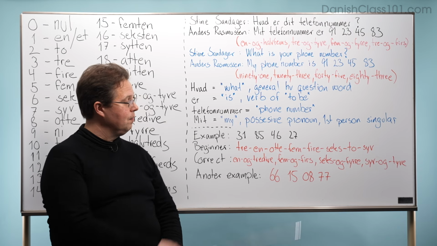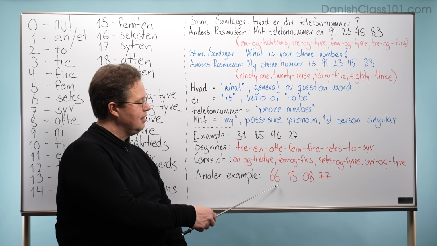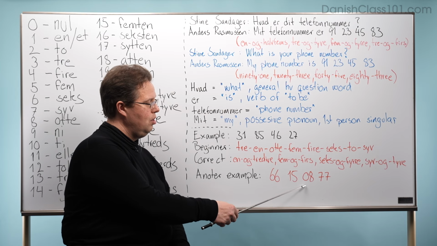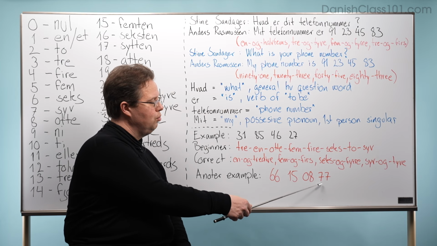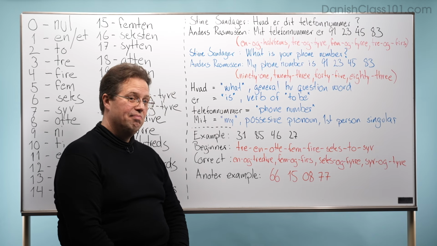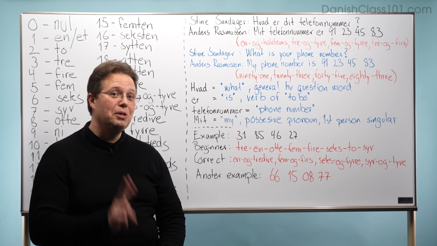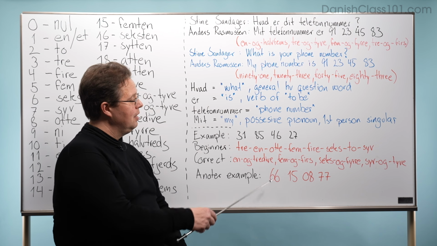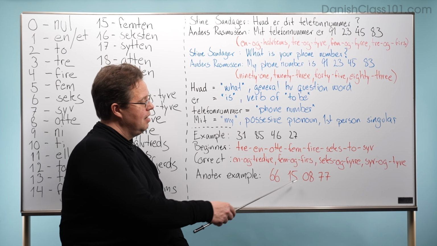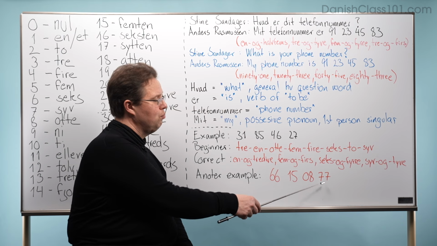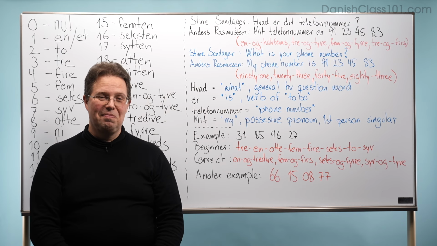Here we go. 6, 6, 1, 5, 0, 8, 7, 7. Tricky? Maybe. Let's try the correct way where we do double digits. 66, 15, 08, 77. All right, there you go.